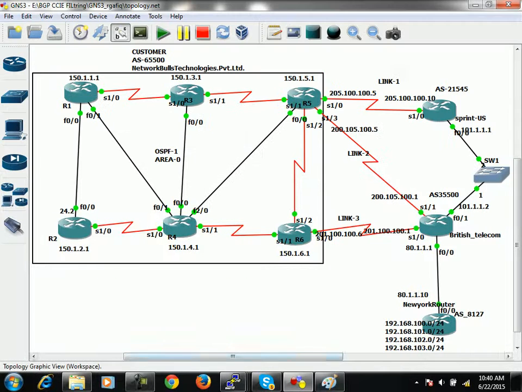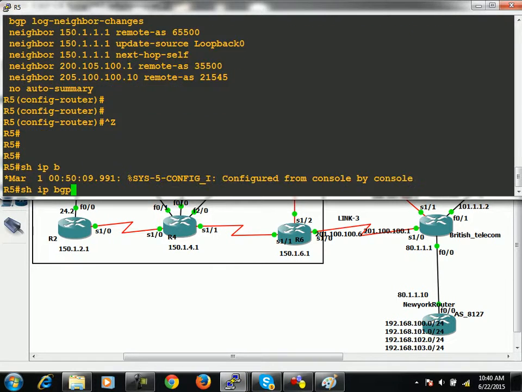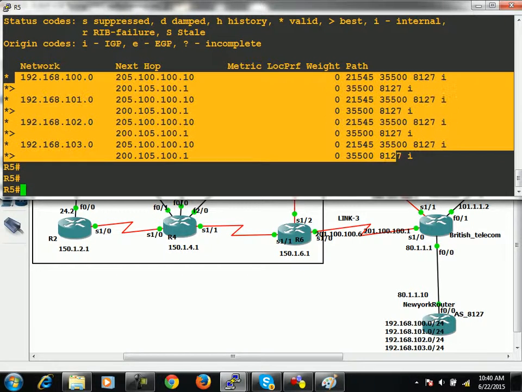Fine. Then on R5, it is receiving these prefixes coming from Sprint as well as BT.